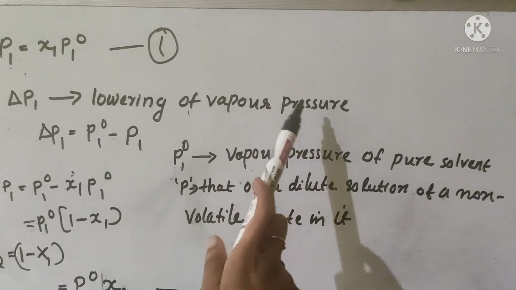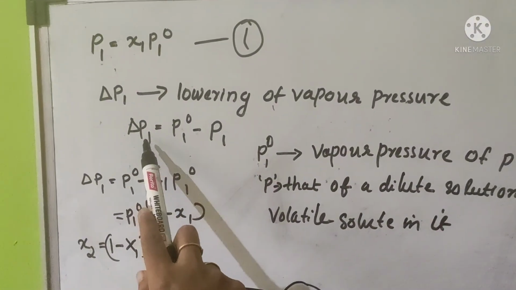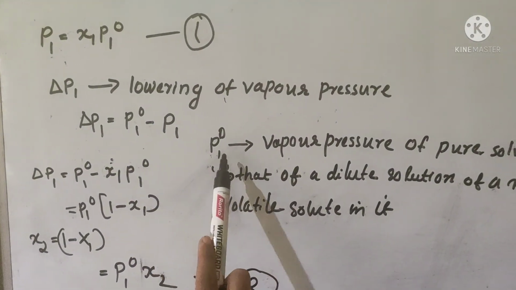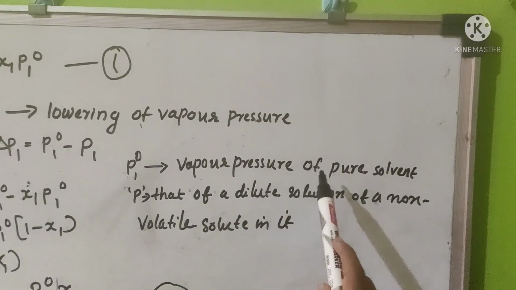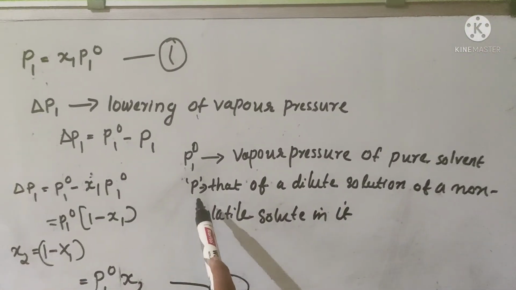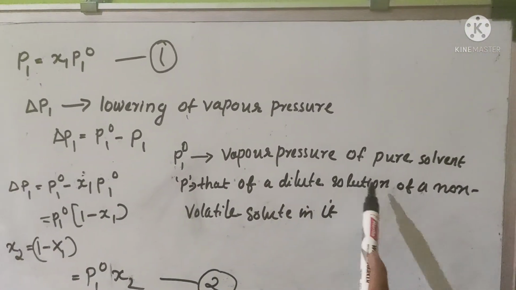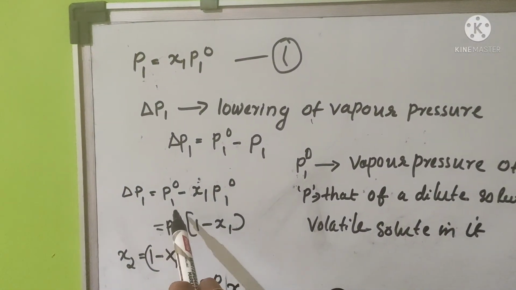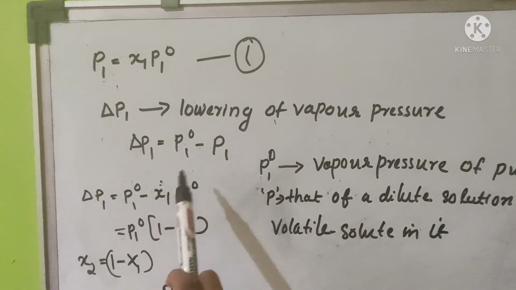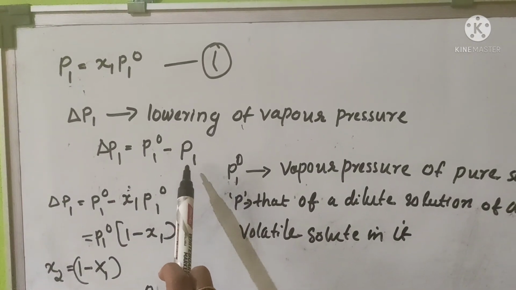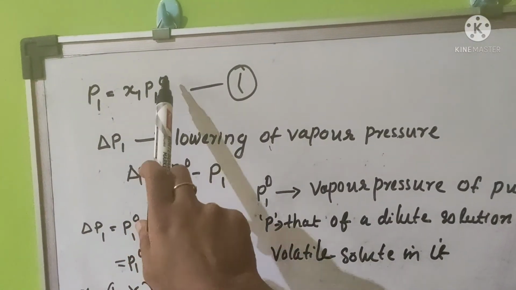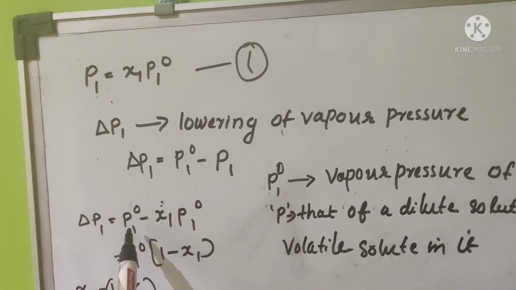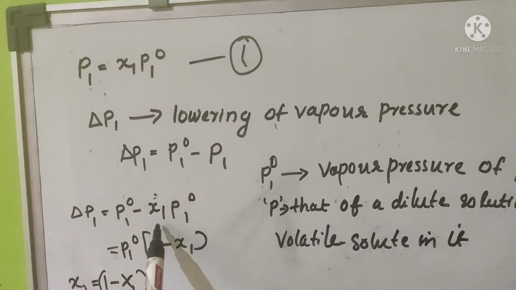Delta P1 equals P1° minus P1, where P1° is the vapor pressure of pure solvent and P1 that of dilute solution of a non-volatile solute in it. Delta P1 equals P1° minus P1, or we can write delta P1 equals P1° minus x1 P1°. Here the value of P1 is substituted.